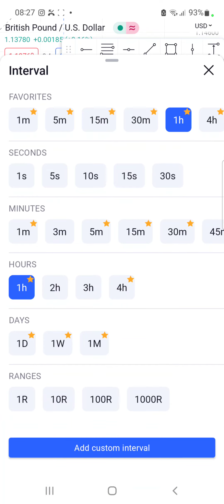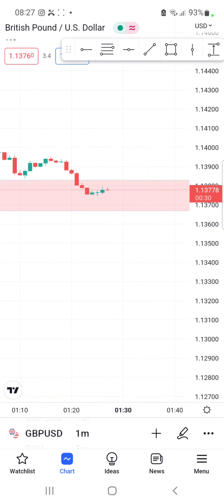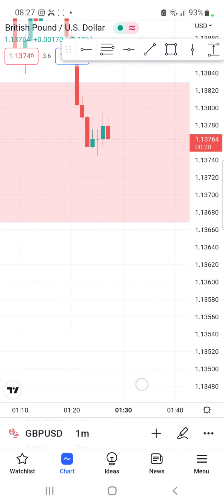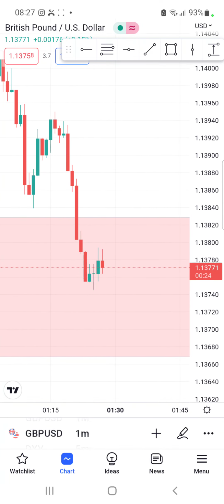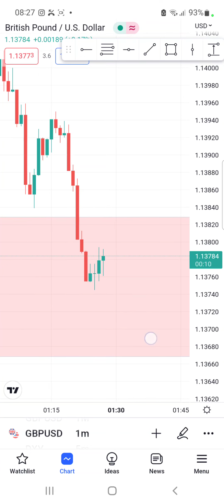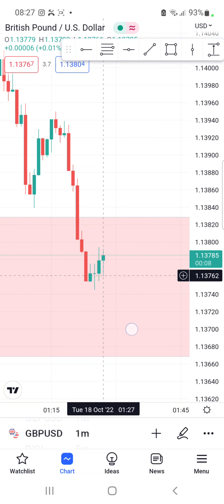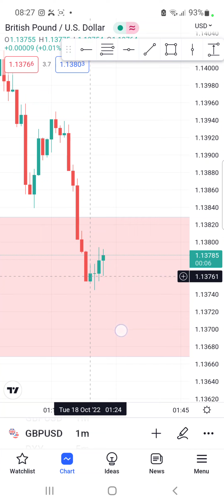Let me give a good example. If you go to 1 hour, you're able to see a good example. If a candle is going to be green, it starts by forming the lowest point of it, then forms the highest point of it, then closes. You see, price came down first and formed this lowest point. This is 1 minute, every candle represents 1 minute.